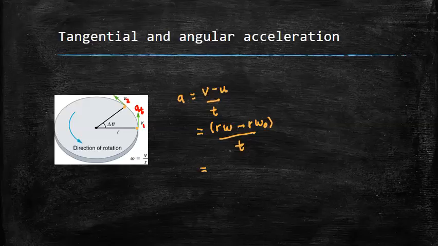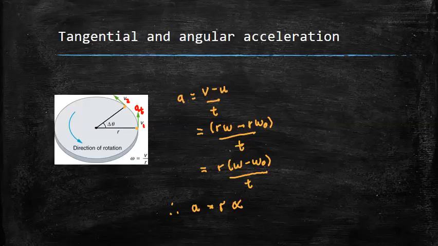So then a is r multiplied by omega minus omega naught, taking out a common factor of r, divided by t. Omega minus omega naught over t, as we saw in one of the earlier slides, becomes alpha. So a is equal to r multiplied by alpha.